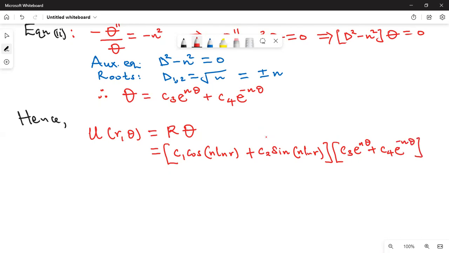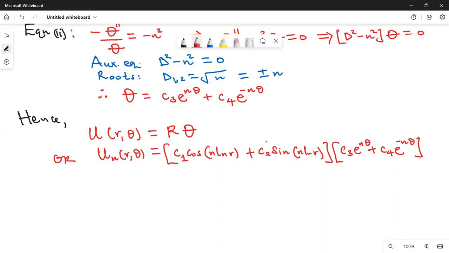But you see, these n's are so many, so I can just write u sub n of r theta. Why am I saying u sub n? Because these are the eigenfunctions, and there are so many n's, so the eigenfunctions are many depending on the number of the n.